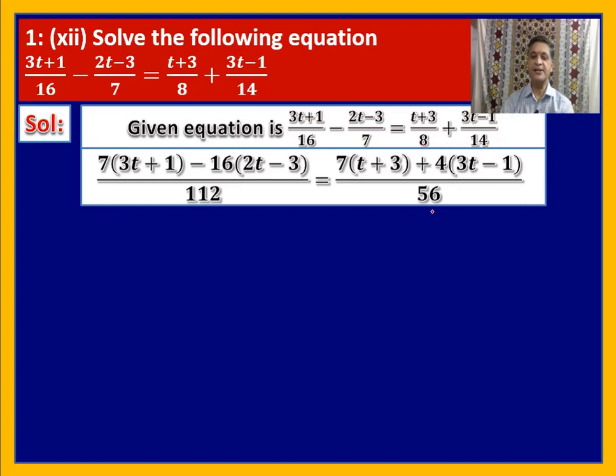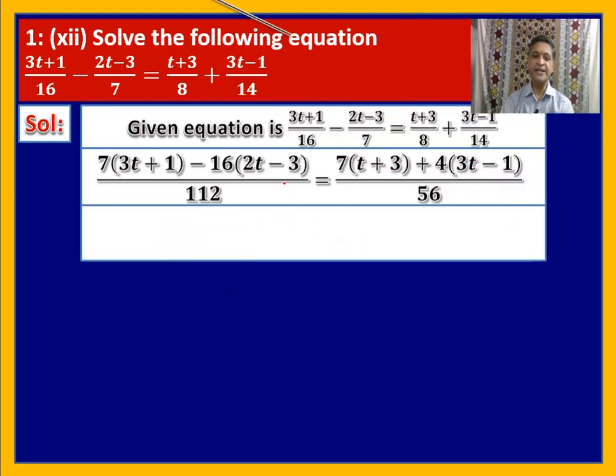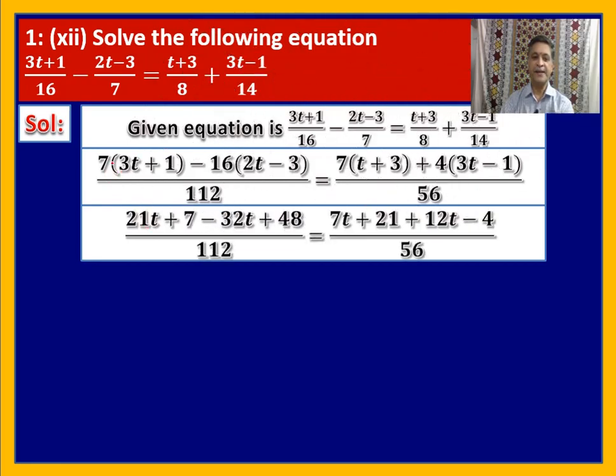Now 8 cancel in 56 7 times, 7 into (t plus 3) plus 14 cancel in 56 4 times, 4 into (3t minus 1). By expanding these brackets, you get 7 into 3t, that is 21t plus 7 minus 32t plus 48 by 112 (minus into minus plus, 3 into 16 is 48). 70 plus 21t plus 4 into 3, 12t minus 4 by 56.